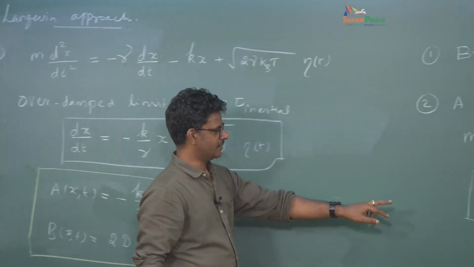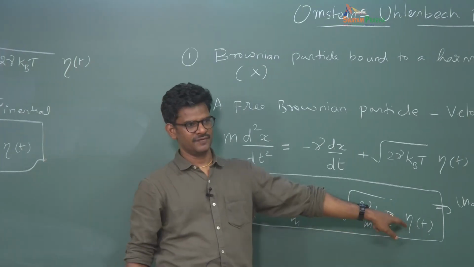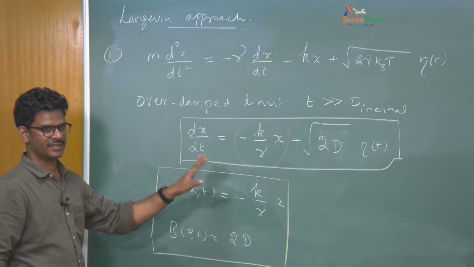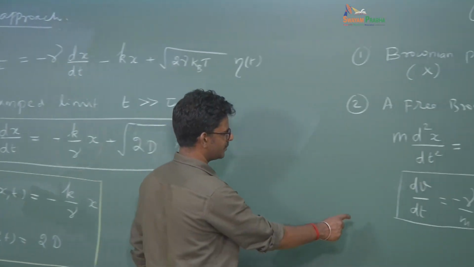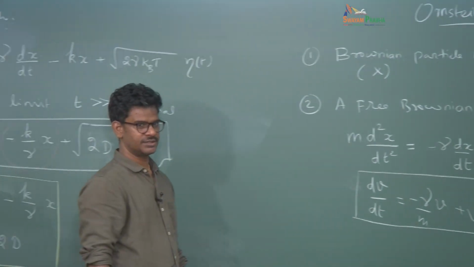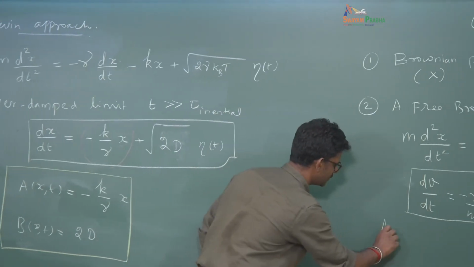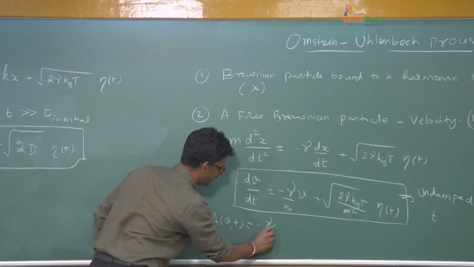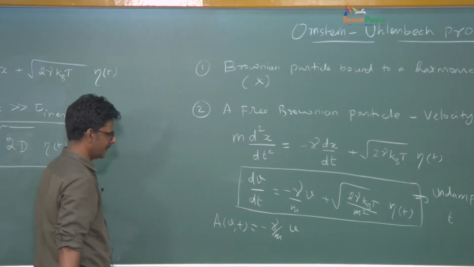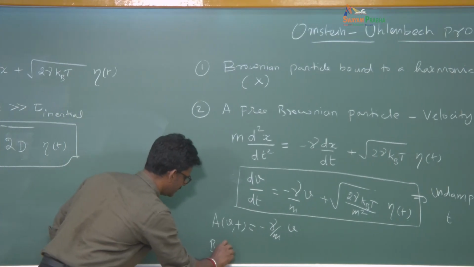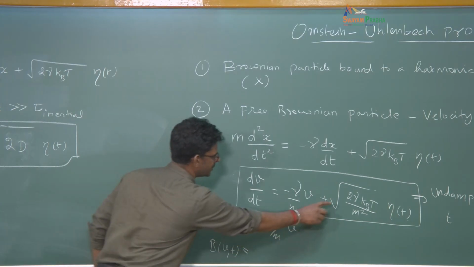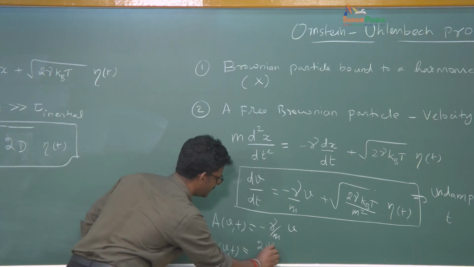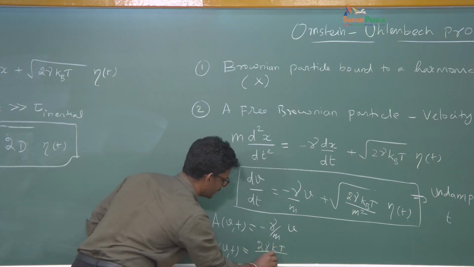So here we have velocity as a stochastic variable. If you look at the functional form of these two, they are very similar. Okay, so here also we can set up a Fokker-Planck equation with a characteristic function a of v comma t equal to minus gamma by m v and b of v comma t as the term that is inside this bracket, which is 2 gamma kT by m square.